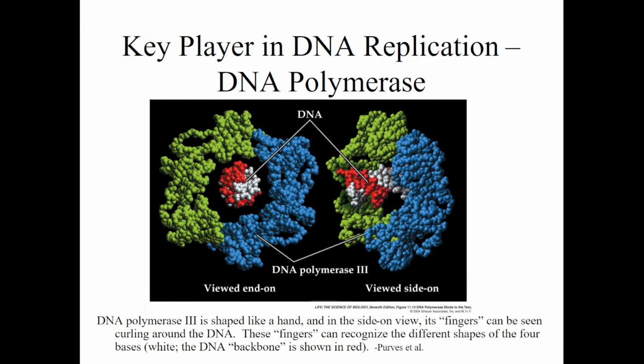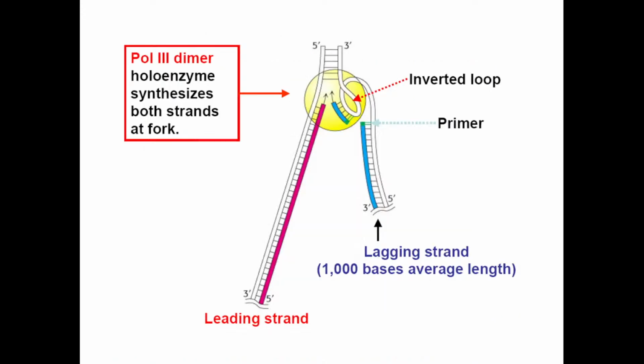Now you can see DNA polymerase 3. It has a dimeric structure, which will surround the DNA and move along the DNA structure, and it works simultaneously on both strands in the same direction. But the leading strand goes constantly, and it's not a problem for it.